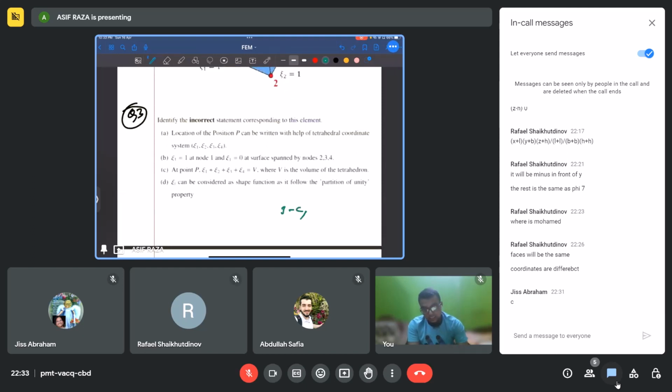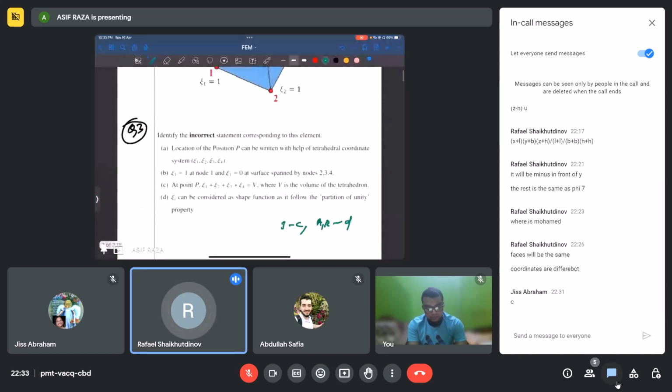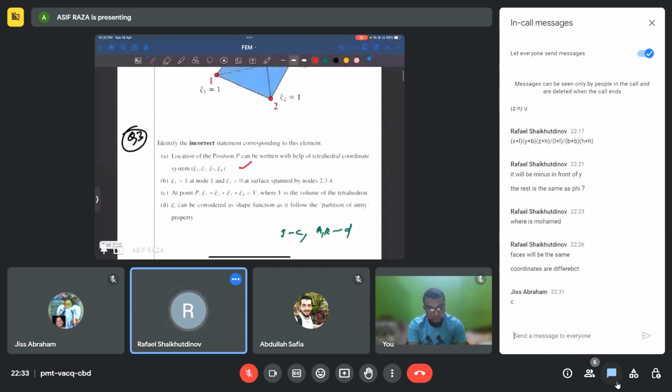So, okay, let us check one by one. Location of the point P can be written as the tetrahedral coordinate system xi1 to xi4. Could you explain what does it mean? And xi i can be considered as a shape function. What does it mean? Oh, it's tetrahedral coordinates.